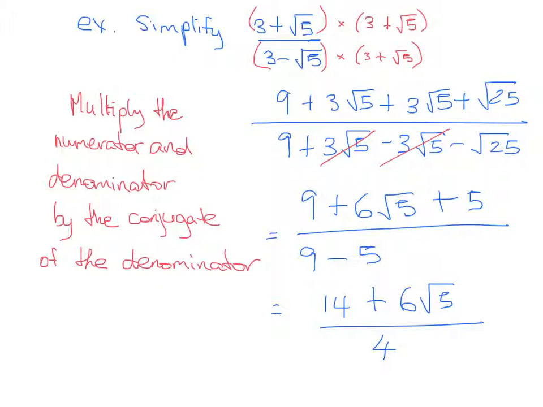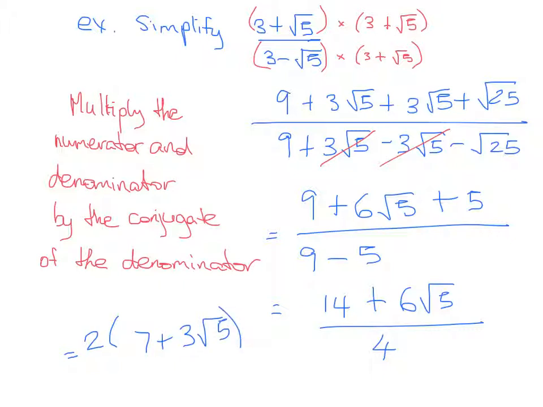Okay, so we're almost there. So is there a common factor in this expression? Yes, there is. We can take out of the top the common factor 2. So I'm going to write that over here. If we take out the common factor of 2 at the top, 2 into 14 gives us 7, and 2 into 6 root 5 gives us 3 root 5.